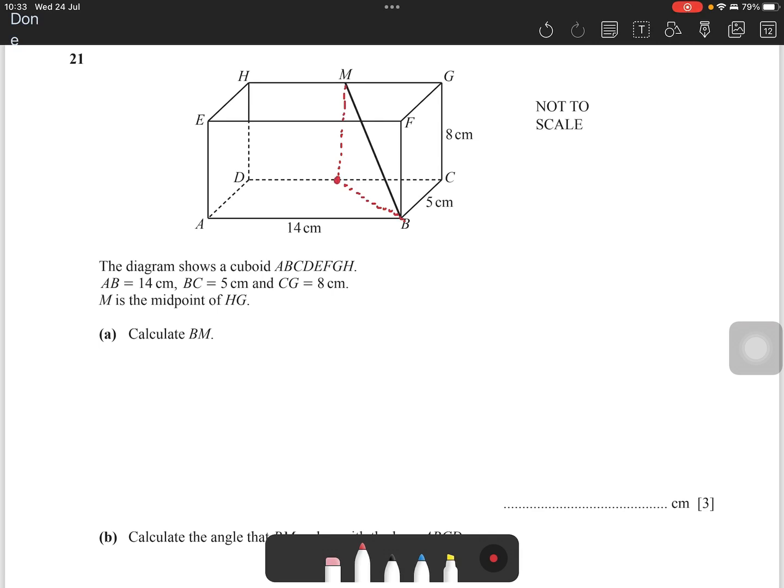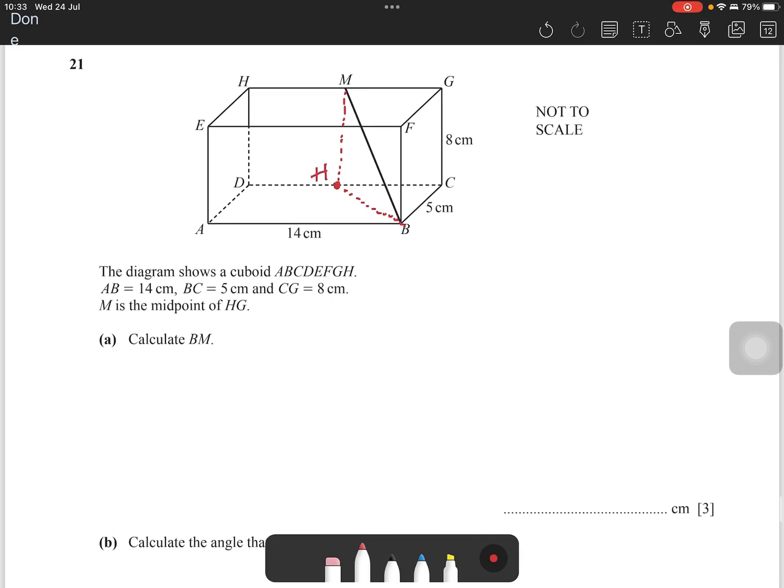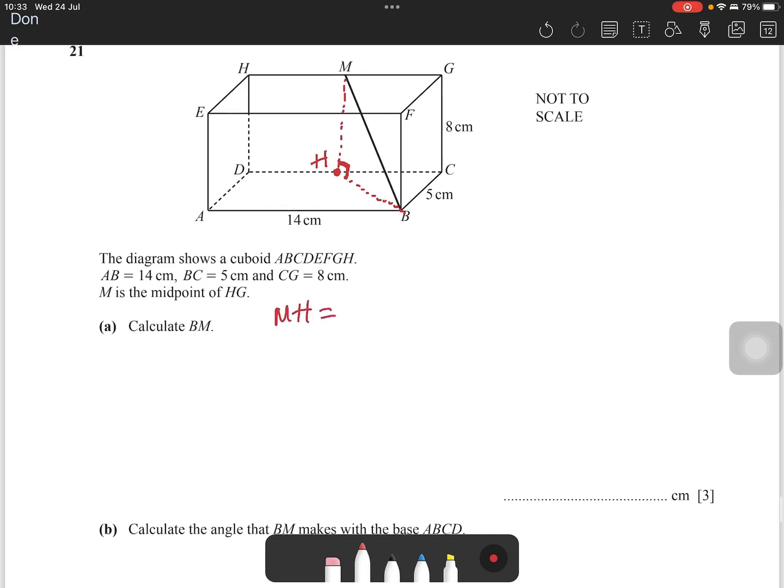I'll call this one H. And this is a right angle triangle. So to find the length of BM, we need to have the length of MH and HB. MH is the same as GC, which is 8 centimeters.